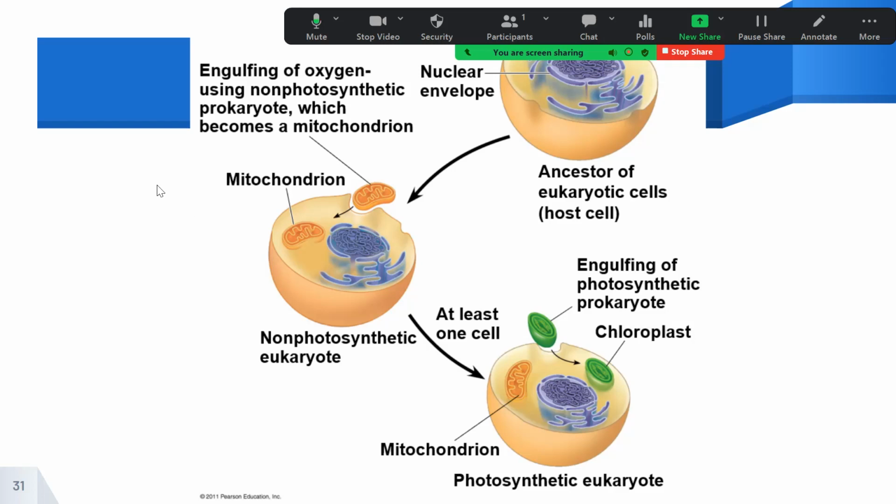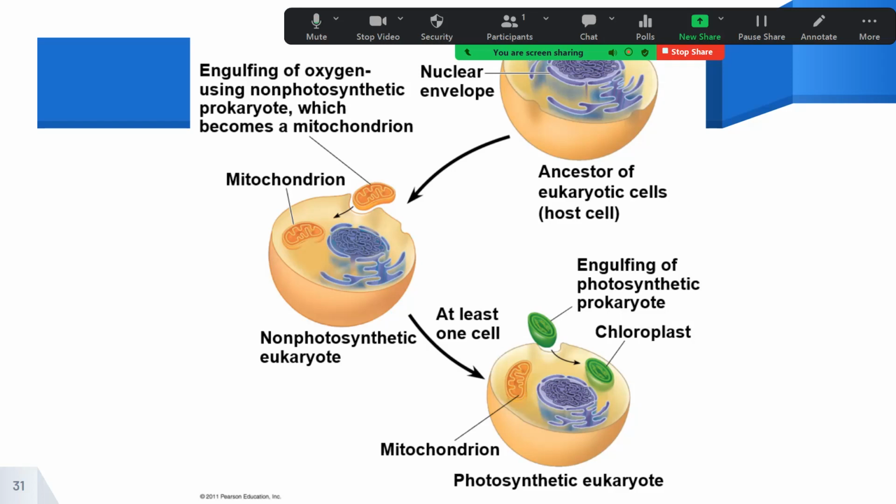And then some of those also engulfed photosynthetic prokaryotic cells, and those evolved into chloroplasts. And so the mitochondria and the chloroplasts are now in a photosynthetic eukaryotic cell, which then evolved into things like plant cells. And so that's the endosymbiotic theory.